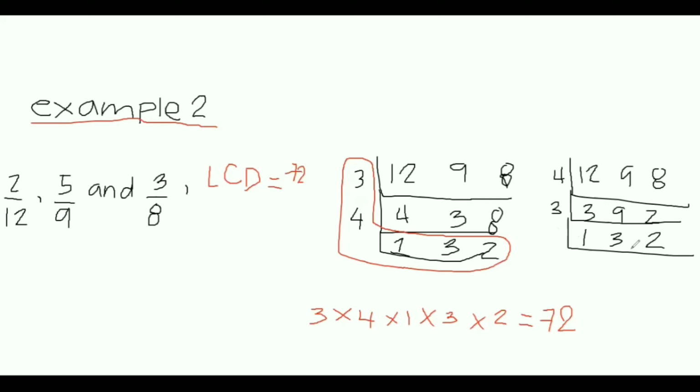Pareho lang yung number niya. So kahit ito yung ginawa natin, kay 12 at kay 8 yung kinonsider natin, ang magiging sagot pa rin yan ay 72. Still, the LCD of 2 12ths, 5 9ths, and 3 8ths is 72 using continuous division.